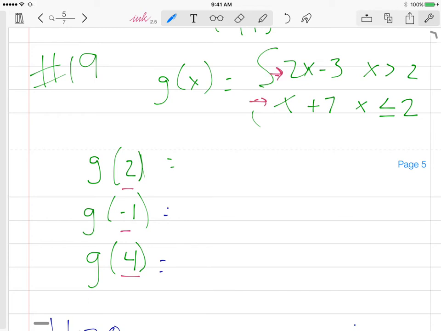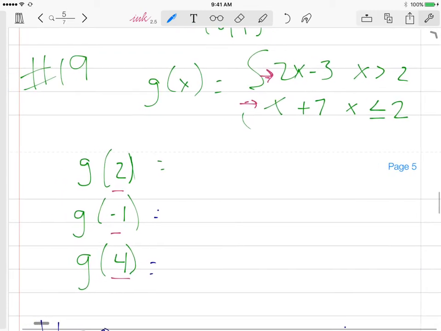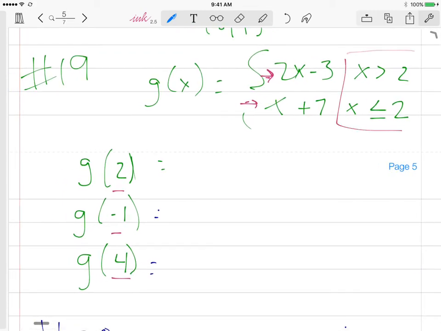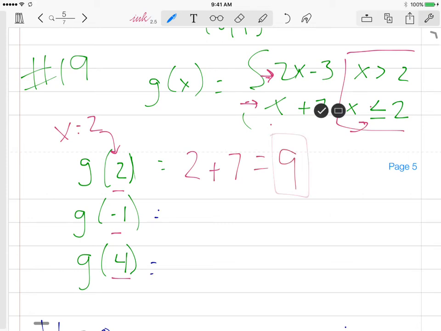What you need to do though is look at the restrictions at the end. So here, x is going to equal 2. Well, over here, the first equation can only be x is greater than 2, that doesn't work there. But at the bottom, x is less than or equal to 2. So I can plug 2 into that last equation, 2 plus 7, and my answer would be 9. That's all you'd be putting into the box for the answer.